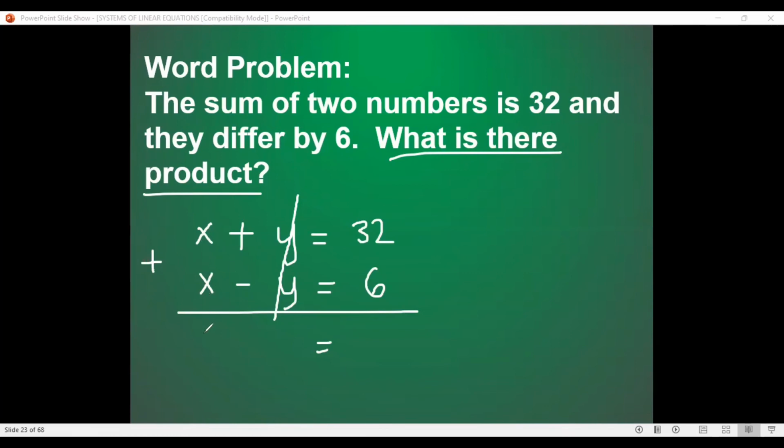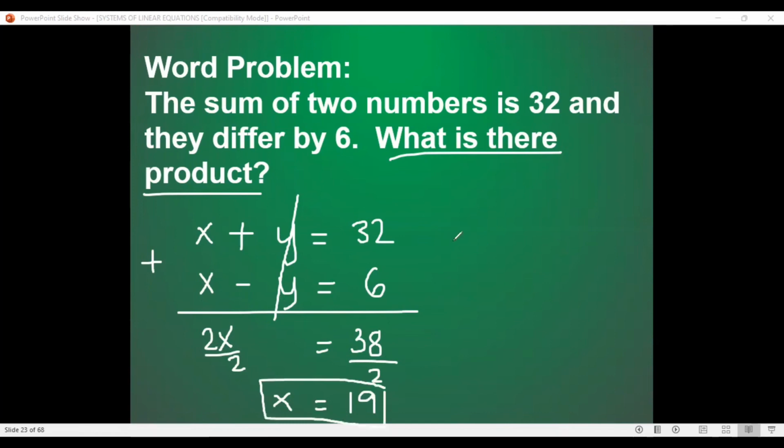And you have x plus x, which is equal to 2x. Adding 32 and 6, the answer is 38. Dividing both sides by 2, x is equal to 38 divided by 2, which is 19. So x is equivalent to 19.